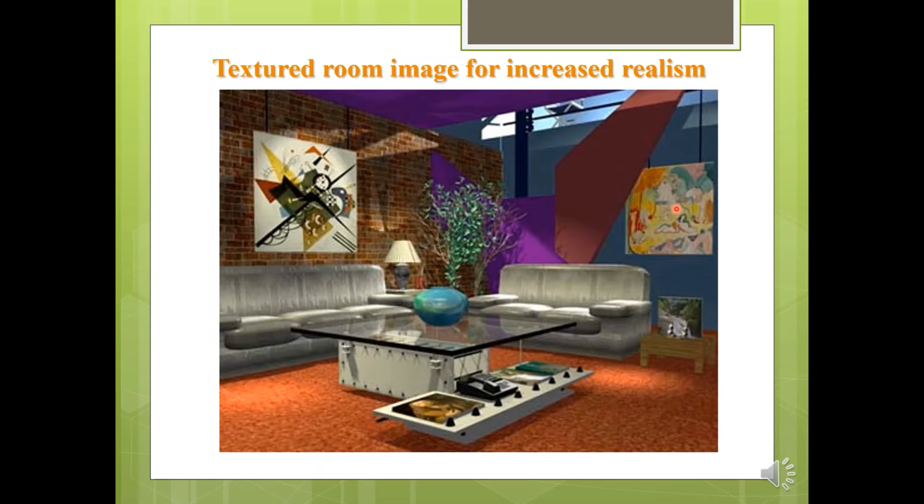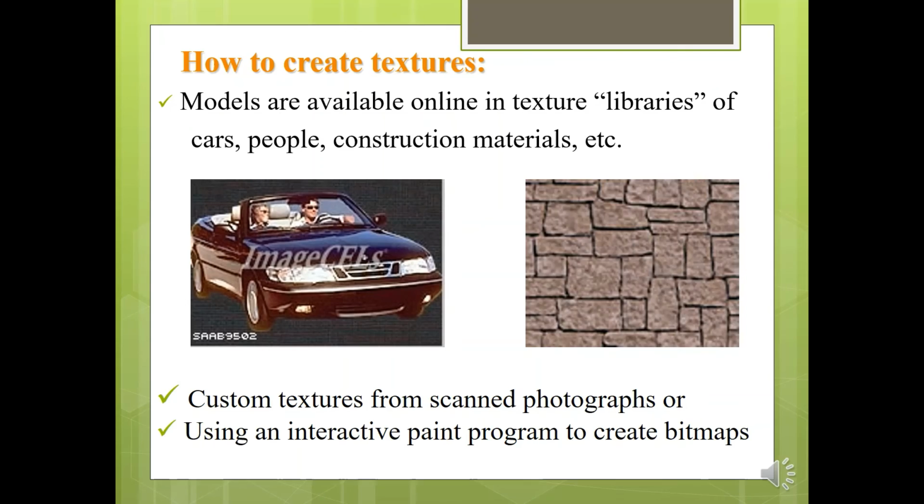If you look carefully, the sofa and the furniture also have been applied with texture, as well as the vase and the carpet. So you will see that this room is full of texture to increase the realism of your VR environments.